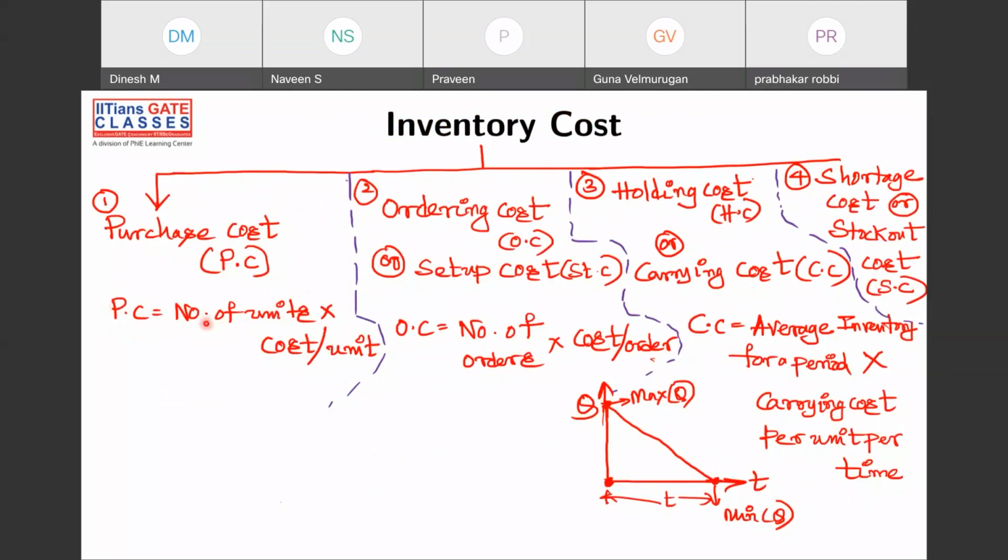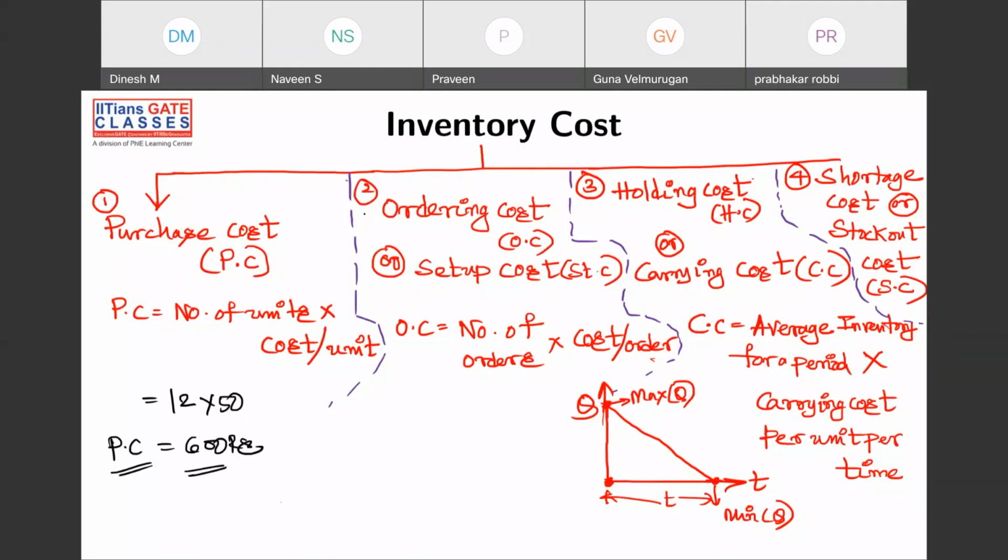Number of units purchased 12, cost per item 50 rupees. So understood, right? So 12 soaps, each is 50, you're going to buy 600. This is your purchase cost.